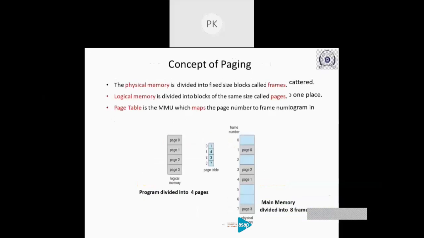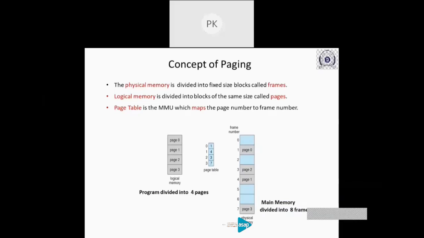Then let us discuss the concept of paging in detail. In paging, the main memory is divided into fixed size blocks, as I told you. The main memory is the place where these instructions and data are physically stored.